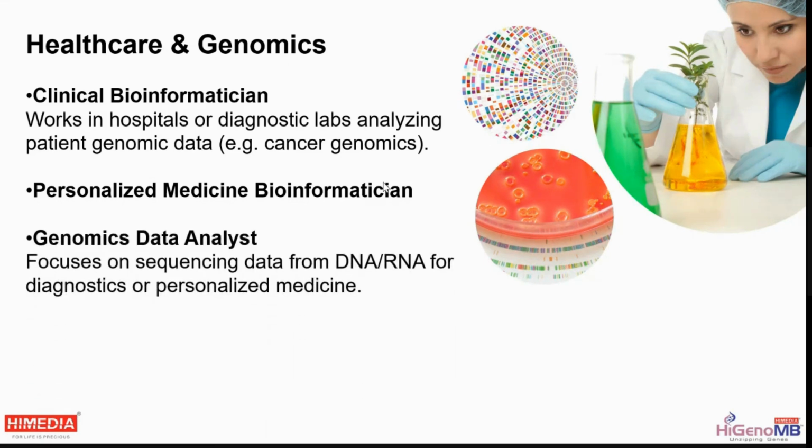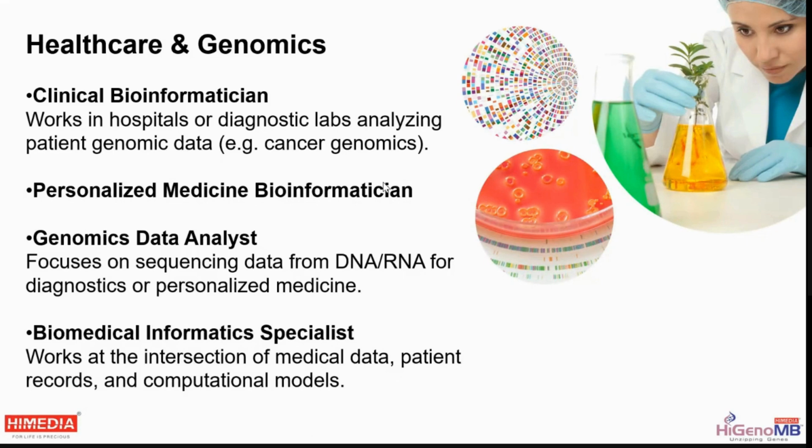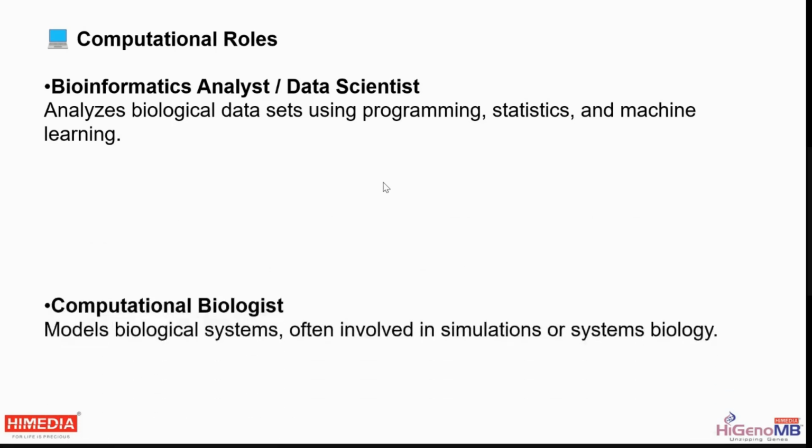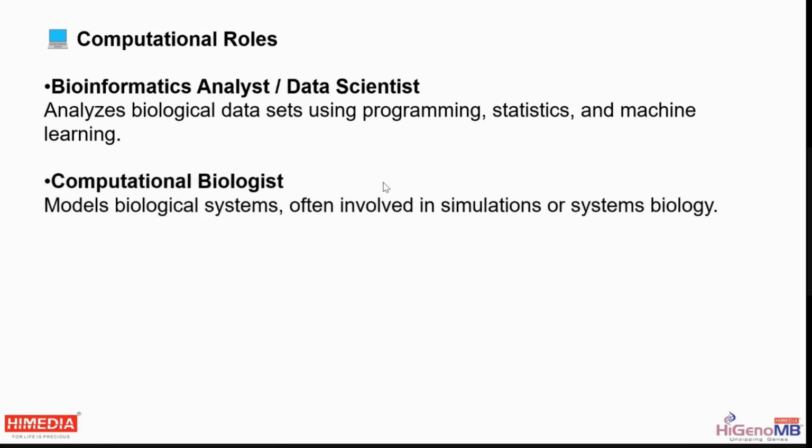Further, you can become part of a data analyst team. At the same time, biomedical informatics specialist can be another choice. In case of computational roles, you can be a data scientist, which is quite in trend nowadays, and also a computational biologist who develops different types of tools and techniques for other biological researchers.